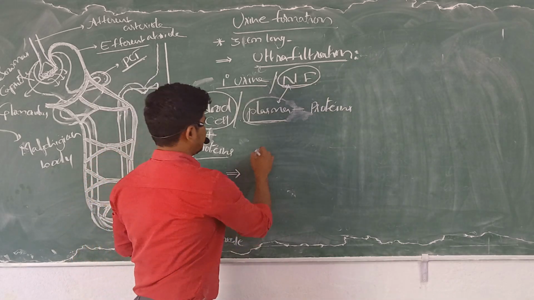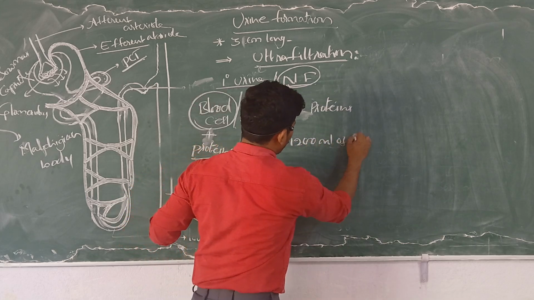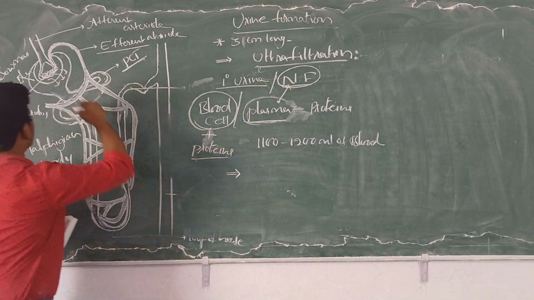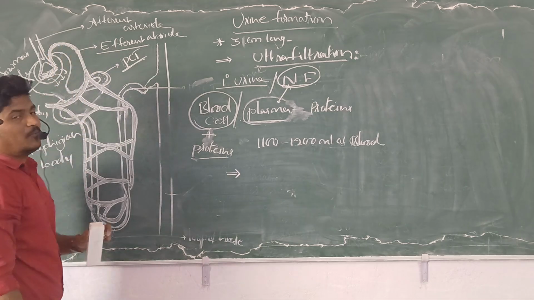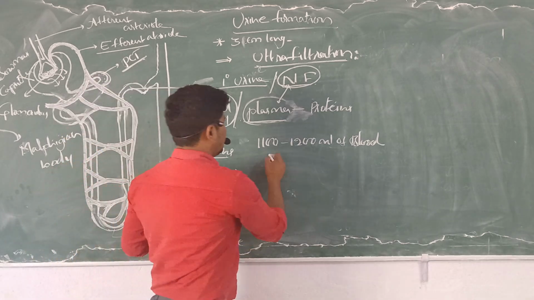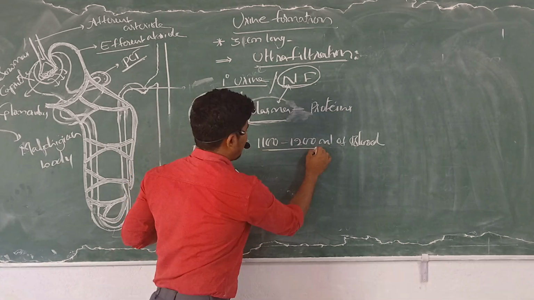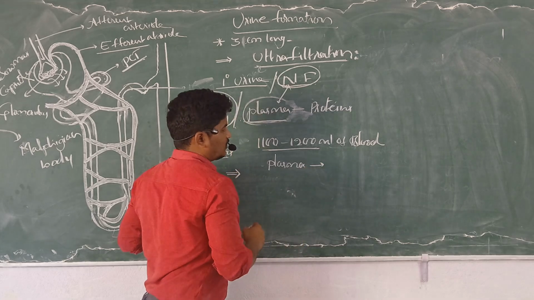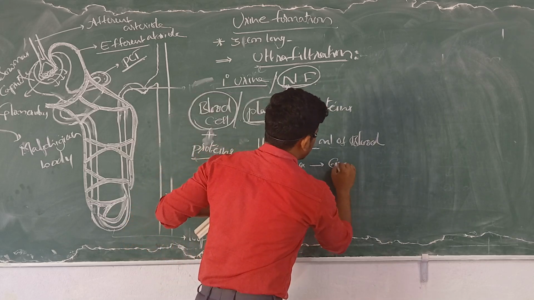Per minute, in us, 1100 to 1200 ml of blood enters the afferent arteriole and gets filtered. Out of that, the plasma crossing is 650 ml.